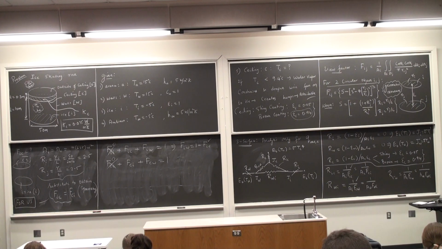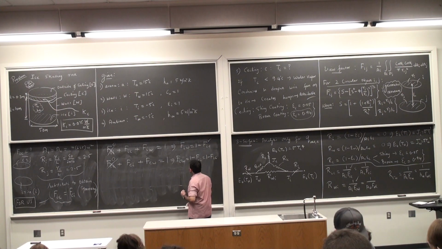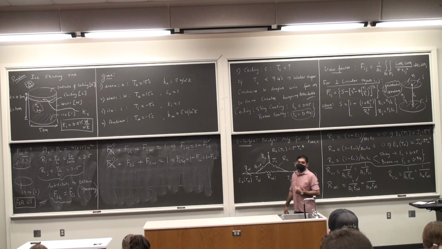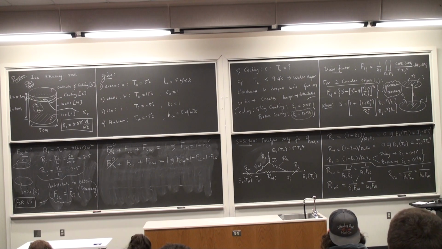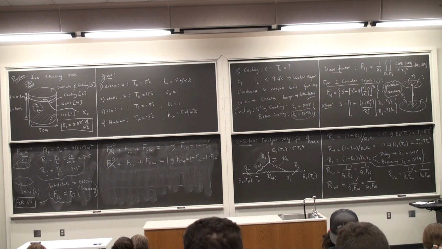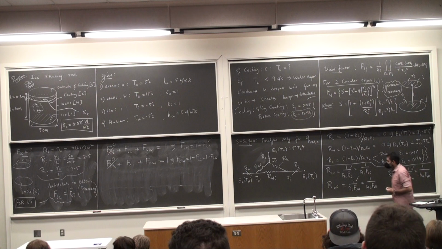FCI is the same as FIC, so FCW can be calculated. Which means that FCW is the same as FIW. Okay, don't be tripping up on these subscripts, they're just ice, wall and the ceiling. So this resistance can also be calculated. So all of these resistances can be calculated, including this one, but twice.